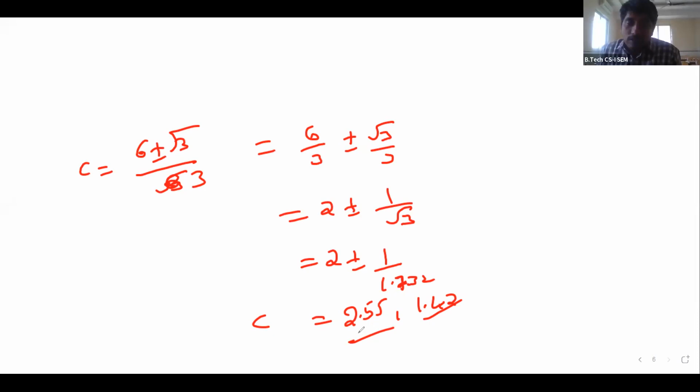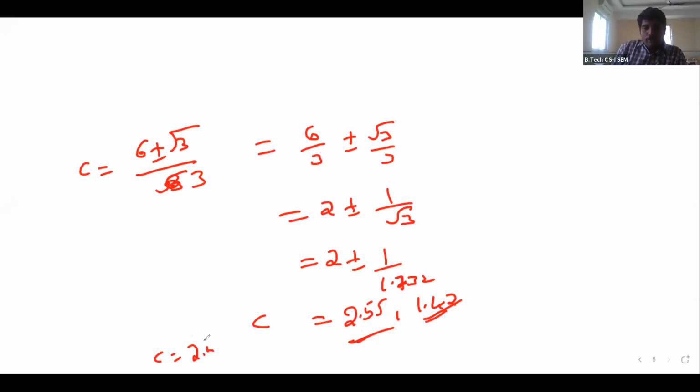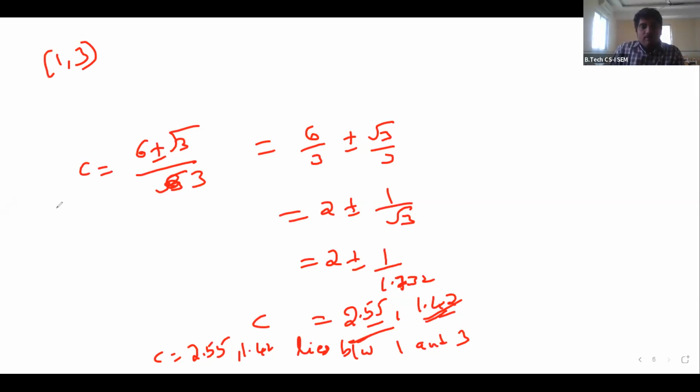That means c values 2.55 and 1.42. Conclusion, sir: they lie between a and b. Very good. c is equal to 2.55, 1.42, lying between 1 and 3. Right? What is our domain? 1, 3. What answers did we get? 2.5, 1.4. Both numbers lie between 1 and 3. So Rolle's theorem is successfully verified. Please note it down, write quickly.